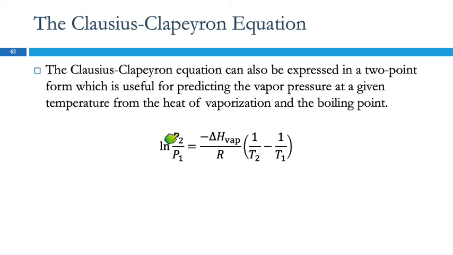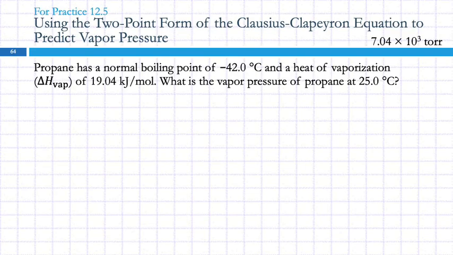So if we know the temperature and pressure for one point, and we know the heat of vaporization, then we can calculate the vapor pressure at a different temperature. Or if we have the pressure and temperature at two points, we can calculate delta H. So this is the kind of equation or kind of problem that could happen.